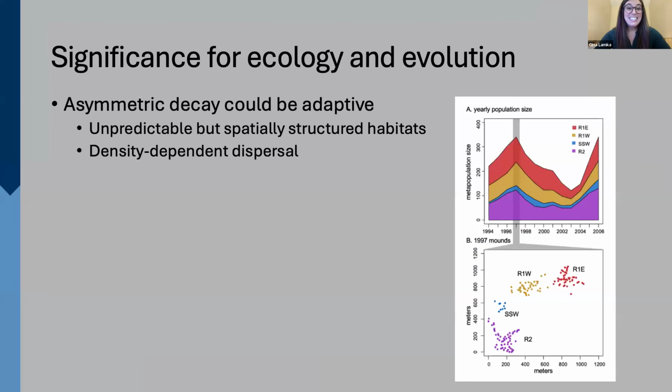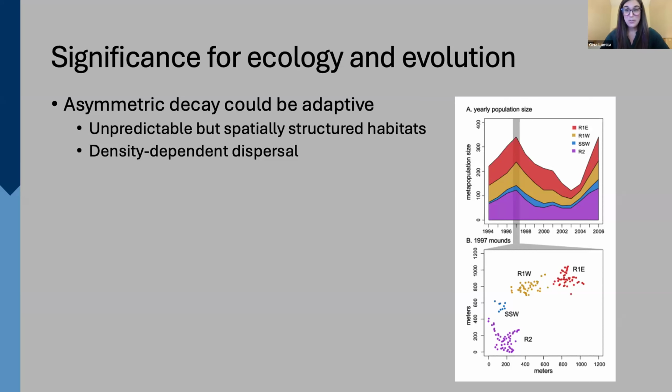What's cool about this is that the asymmetric decay could be adaptive, and this is especially true in unpredictable but spatially structured habitats like we have in the banner-tailed kangaroo rat system. We also know that there is density-dependent dispersal, in which small population sizes result in further dispersal across these subpopulations.